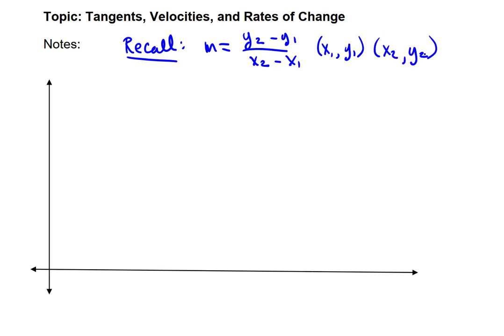Those 2 points are on a line, and if you know the points, you can plug those values into this formula to generate the slope of the line. Of course, slope is rise over run. That goes way back to some beginning algebra topics.